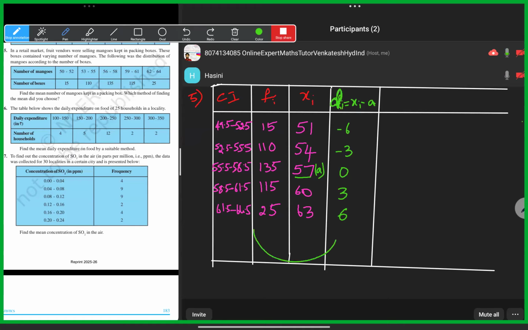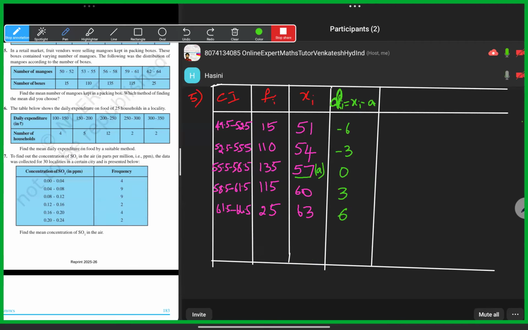Now you can see FI and DI. We will go for the assumed mean method. Still the values are big. 110 is big. If we make these much smaller, it will become easy, no? At least the multiplication will involve smaller numbers. 115 into 3 is better, or 115 into 1 will be better, no?